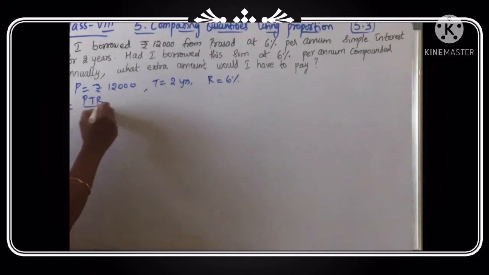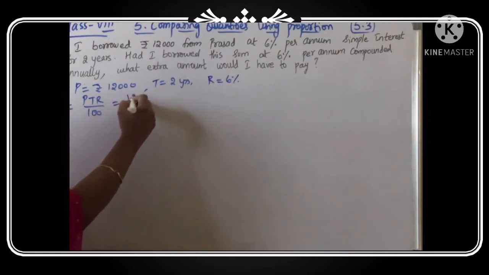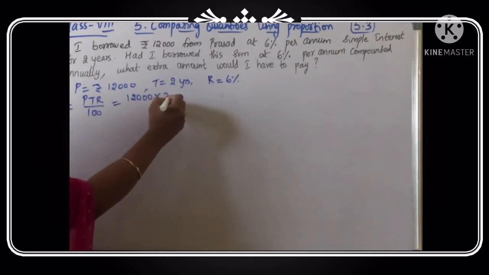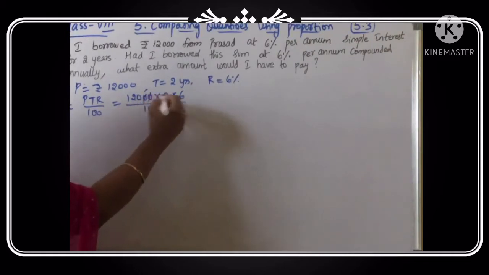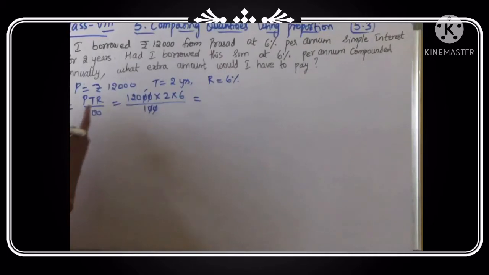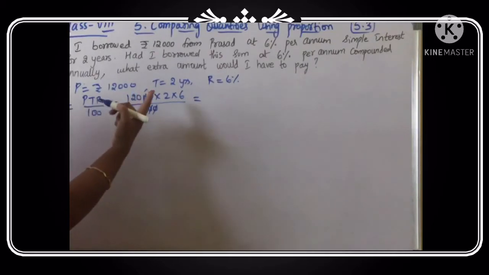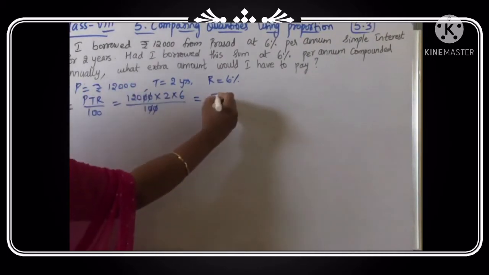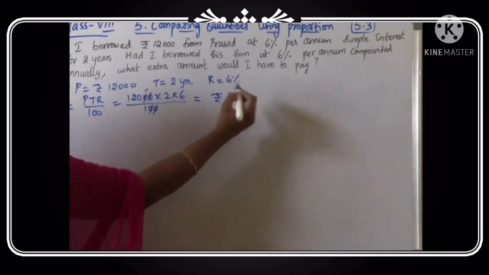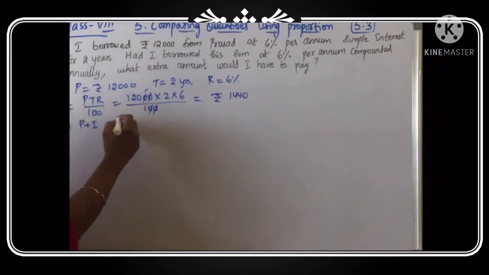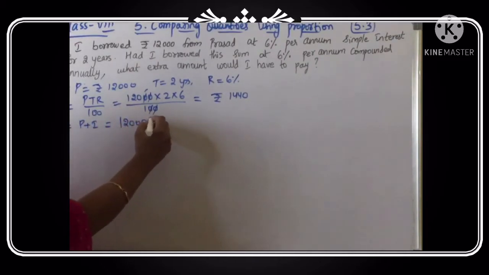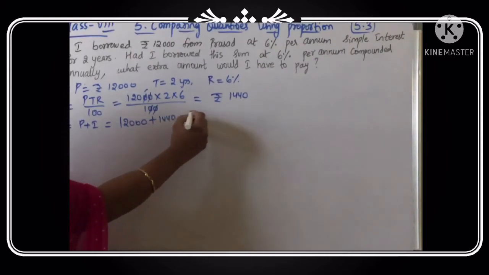P into T into R by 100, that is 12,000 into 2 into 6 by 100. The zeros get cancelled. So when you find 120 into 2 into 6, you will get rupees 1,440. Now amount is P plus I, that is 12,000 plus 1,440.